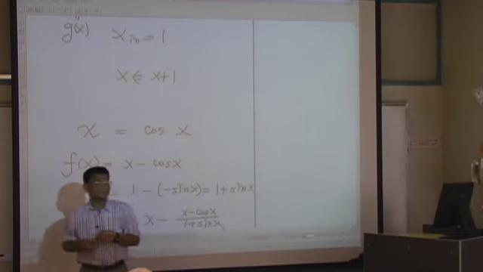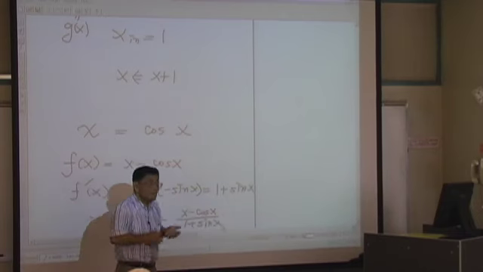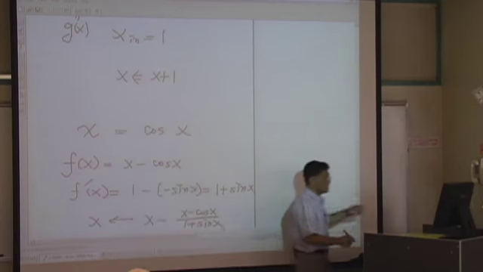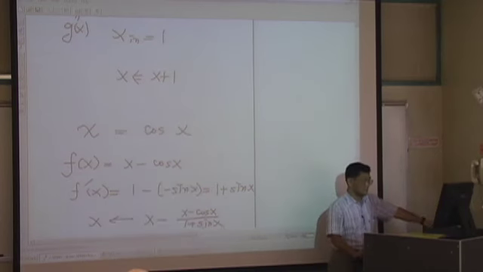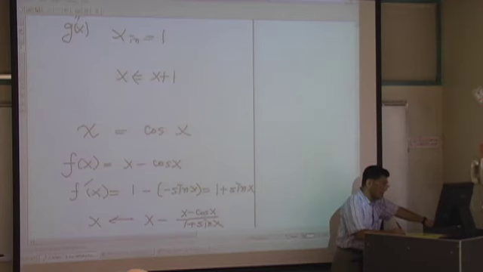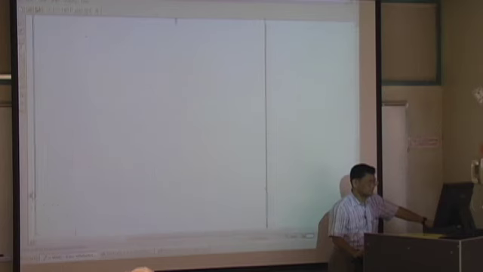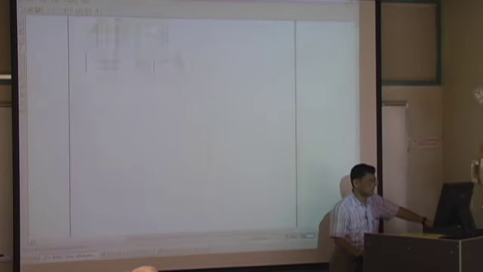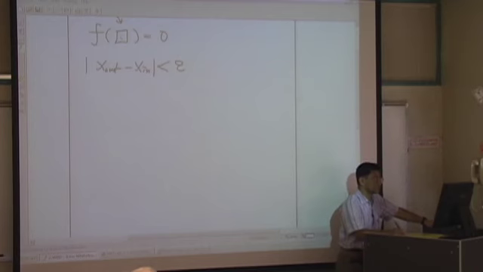But there is a different method, or possibility of a different method. So I will show you the idea. So this is Newton, but the next method is different than this one. What is it? X out becomes cosine x in.